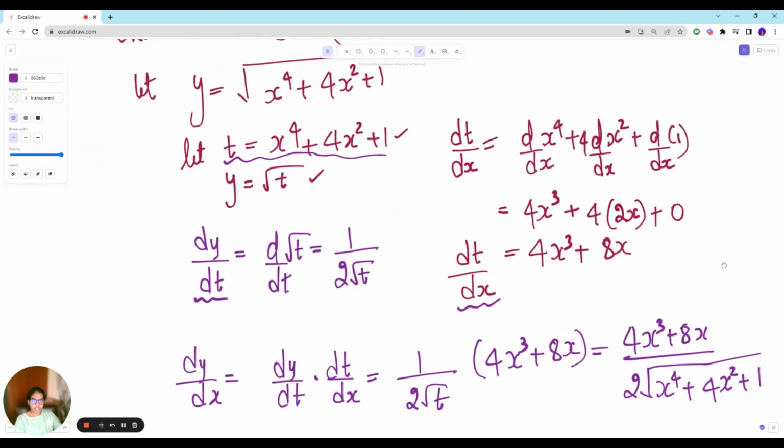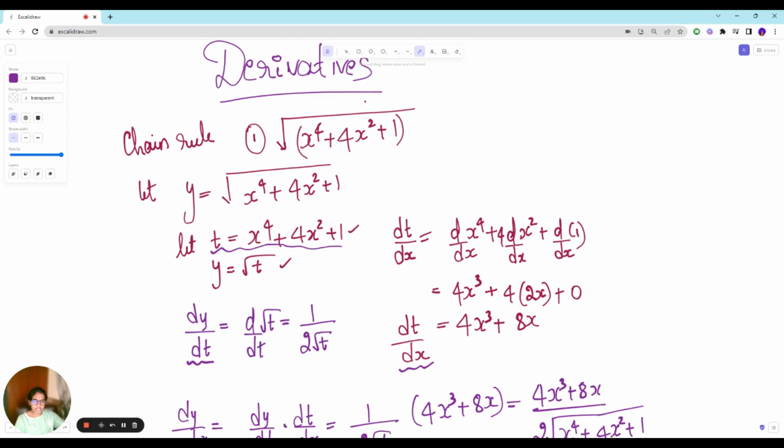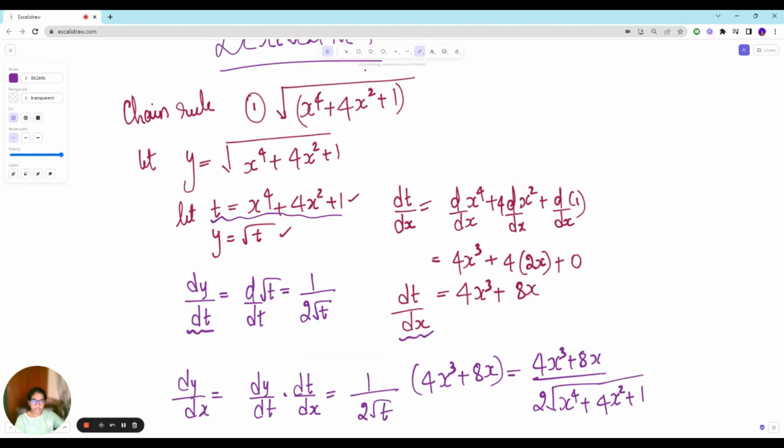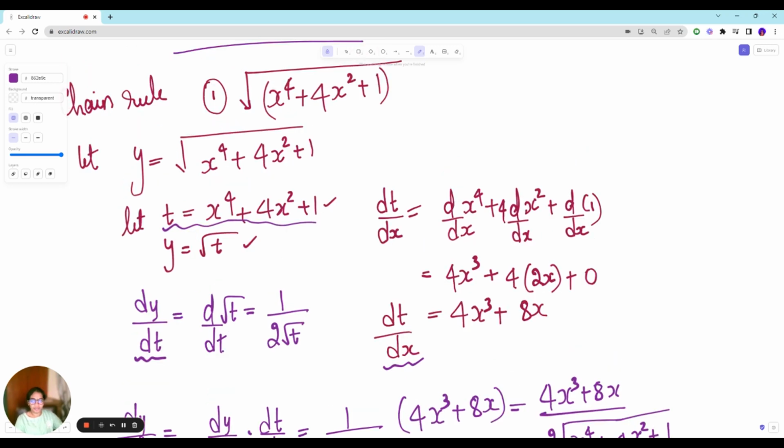Moving on, let me write another problem. So basically this is our chain rule. What does the chain rule say? If I had directly square root of x, I would have written it as 1 divided by 2 root x. So I changed my question in such a manner for which I knew the derivative. Correct. So I wrote this as t. Why?